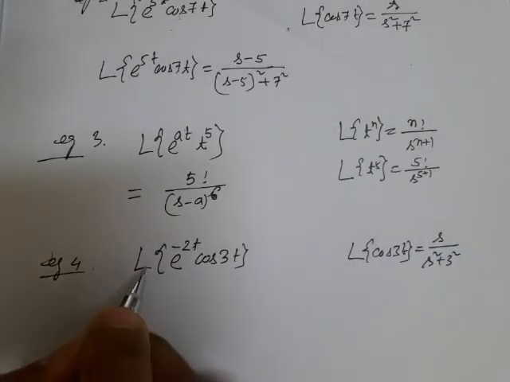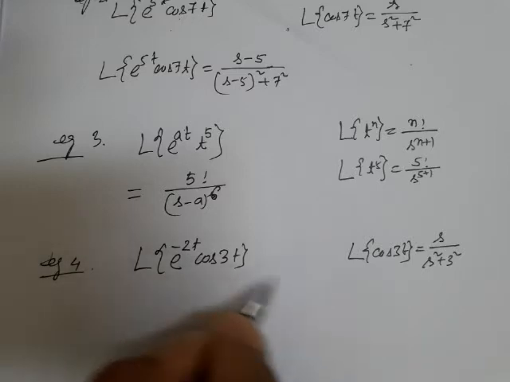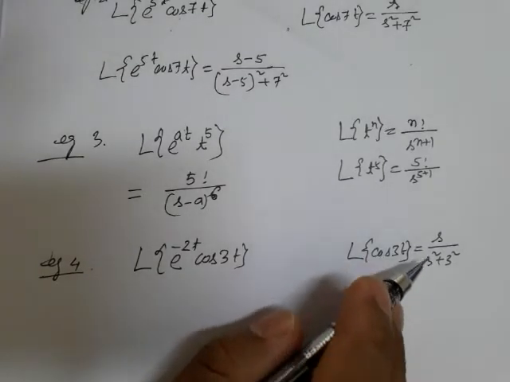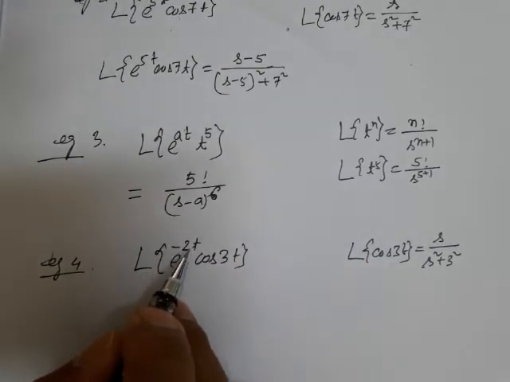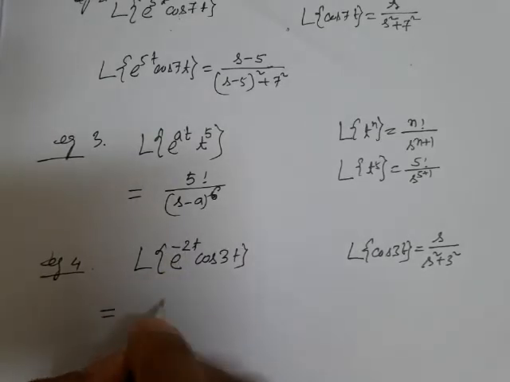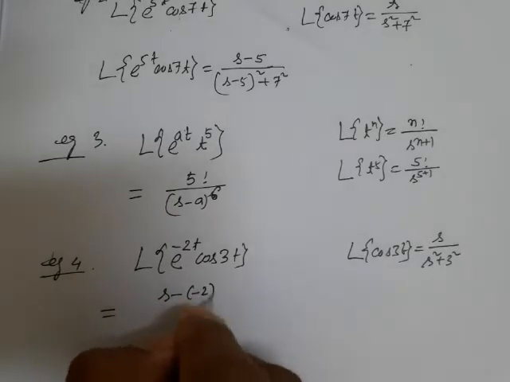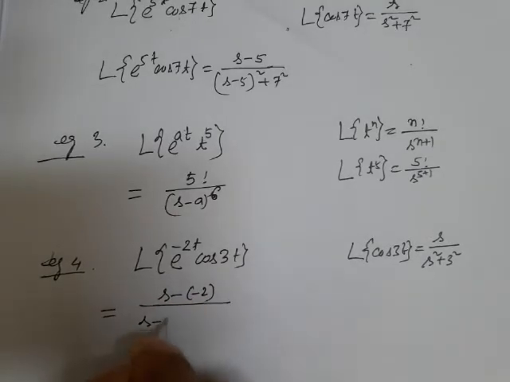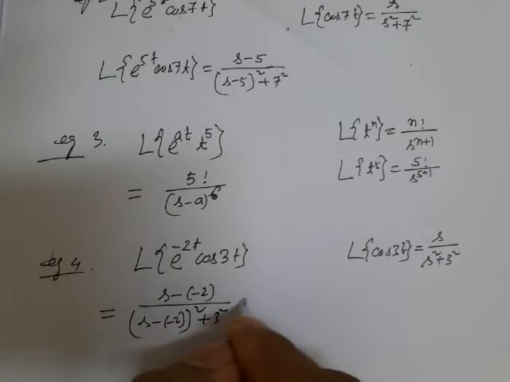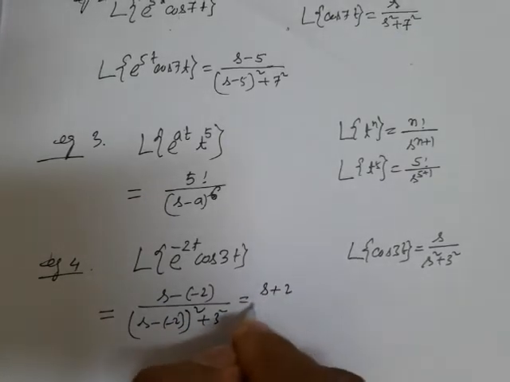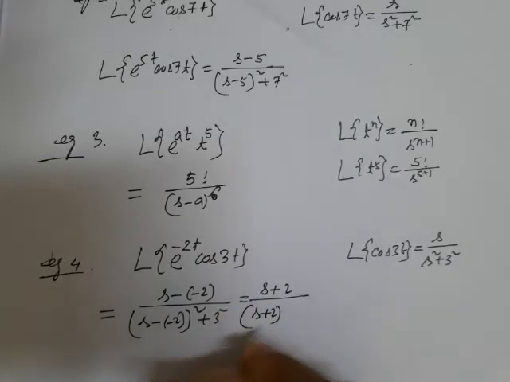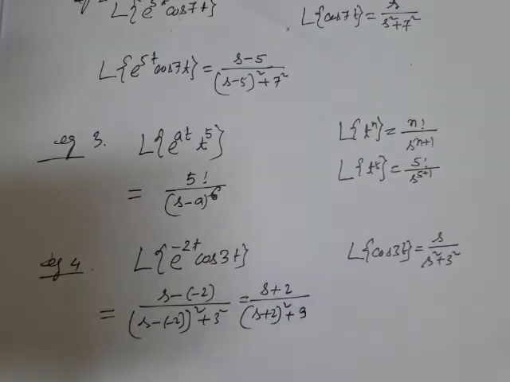Now we are going to use the first shifting property here. All s in the right hand side will be replaced by s minus the coefficient of t. The coefficient of t is minus 2. So here (s minus (minus 2)) by (s minus (minus 2)) whole square plus 3 square. After simplifying, you will get (s plus 2) by (s plus 2) whole square plus 9.